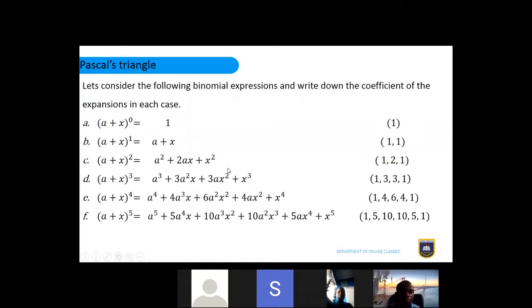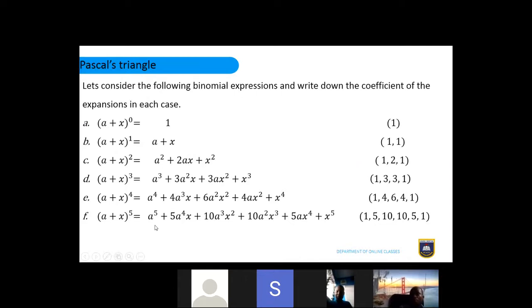So when you are given an expansion to expand, always take note that the number of terms should be 1 more than the exponent. What I mean is, if I have exponent 6, you must have 7 terms when you expand. When you have exponent 7, you must have 8 terms. When you check the last example, the exponent is 5.